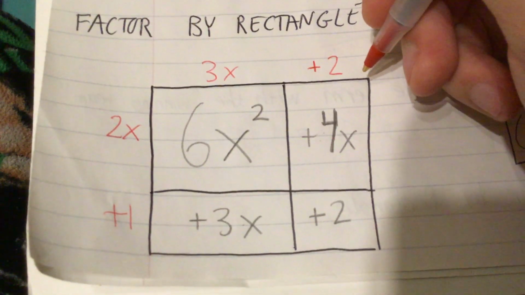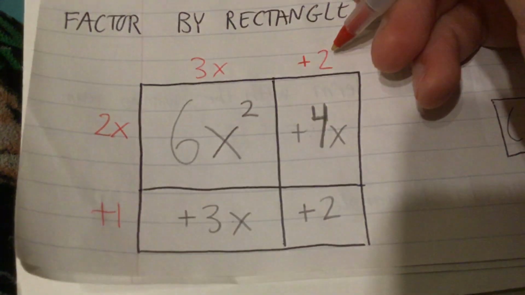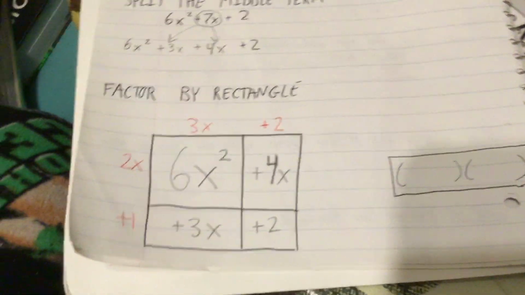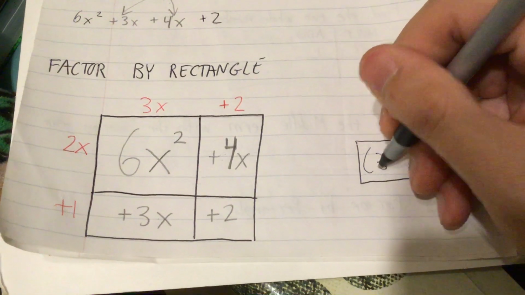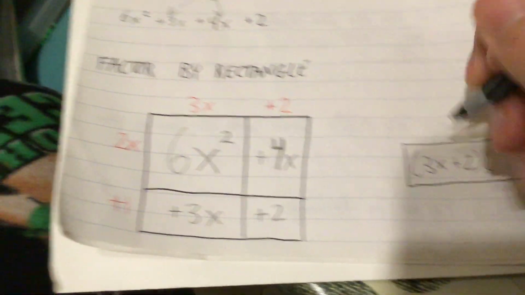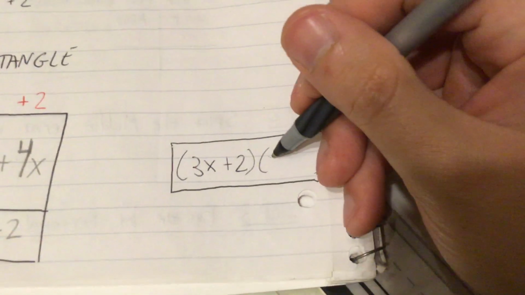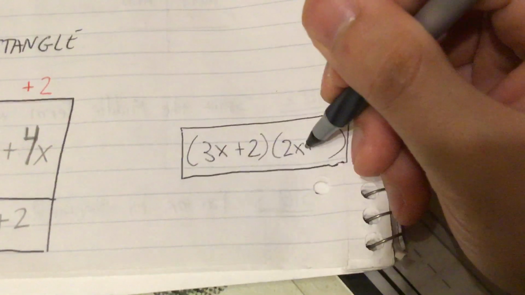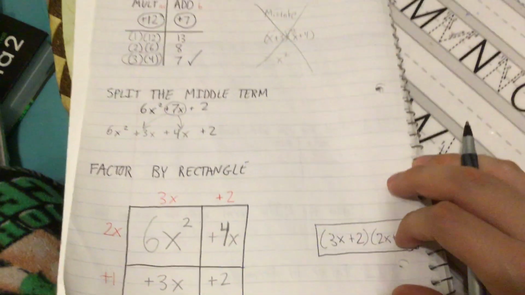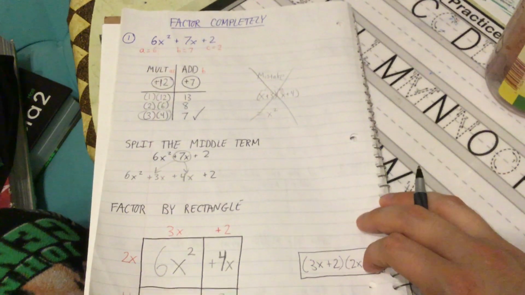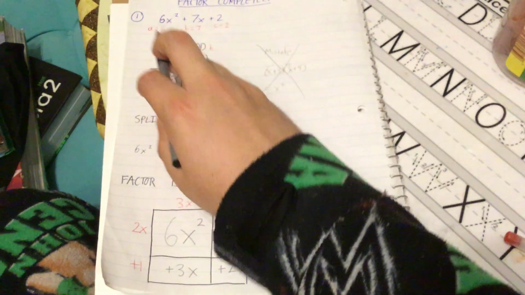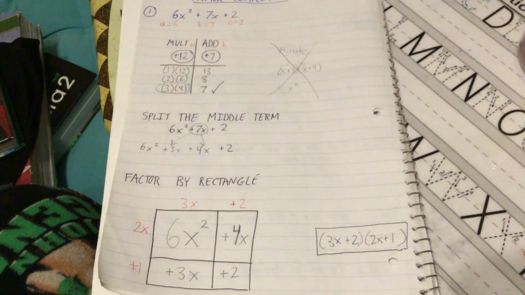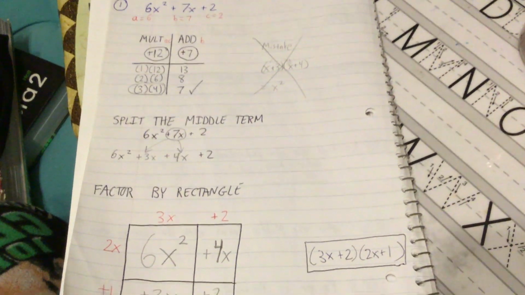Positive 2. And just to check your work, 1 times 2 is 2. Therefore, this factors into 3x plus 2 times 2x plus 1. And you can check your work by FOILing it out. So that is how you factor a quadratic trinomial where a is not 1.